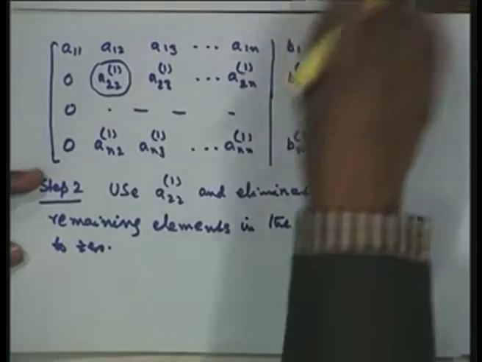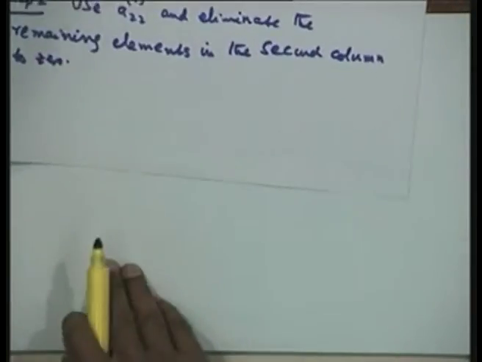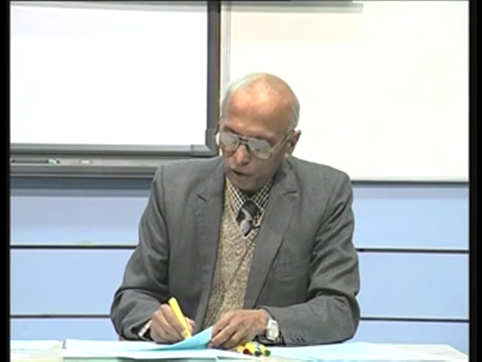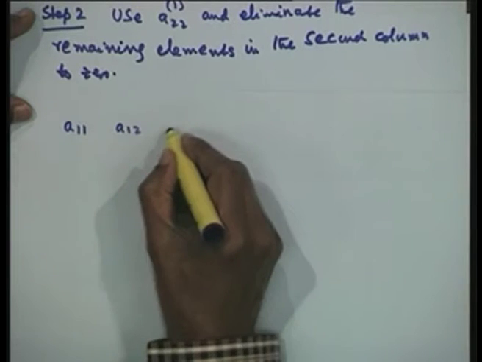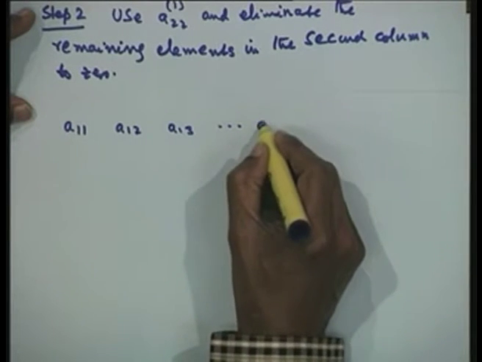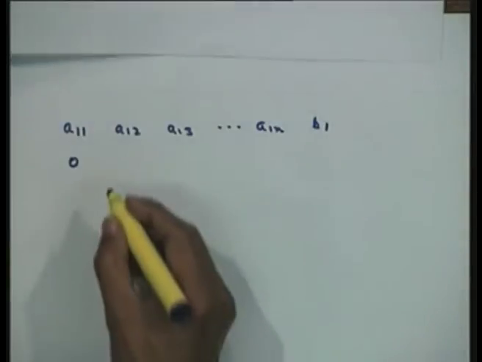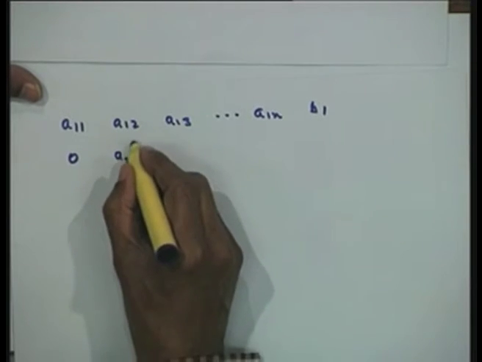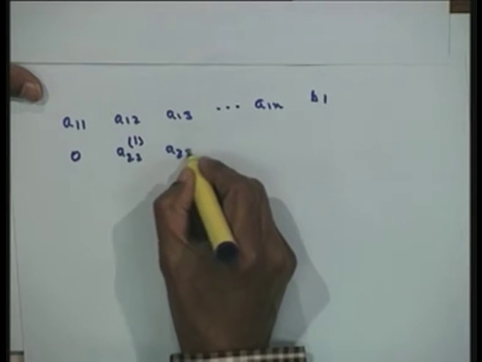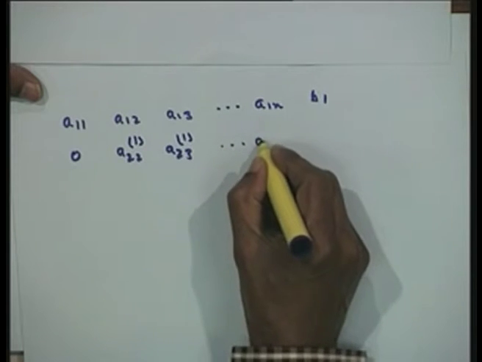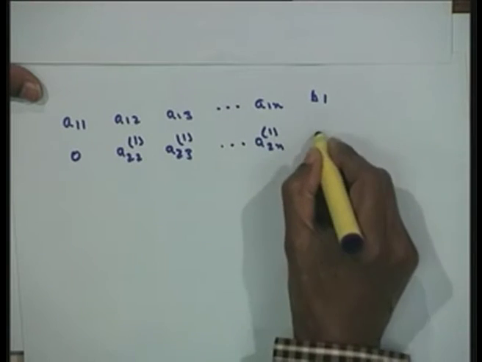Now let us see how it looks like, because I will not repeat it, because what we have done is repeated. Now let us see how the system is going to look like after this particular step. So the first row is unchanged, so that stays as it is. The second row is unchanged, so it will retain as a22 of 1, a23 of 1, a2n of 1, b2.